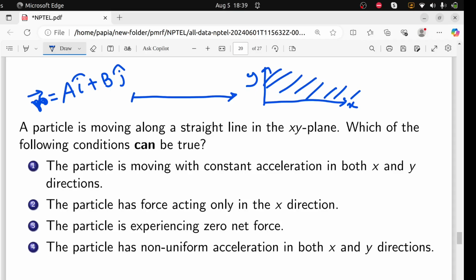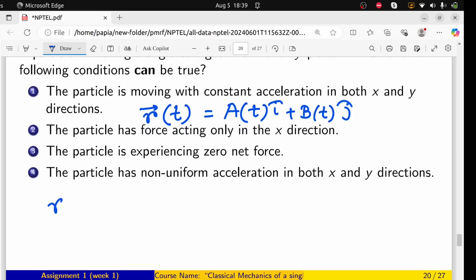The particle is moving with constant acceleration in both x and y directions. Let's say I am writing r of t, which is a function of t: a of t I cap plus b of t j cap. As a very simple example, r vector is t to the power 4 I cap plus 4 t to the power 5 j cap.